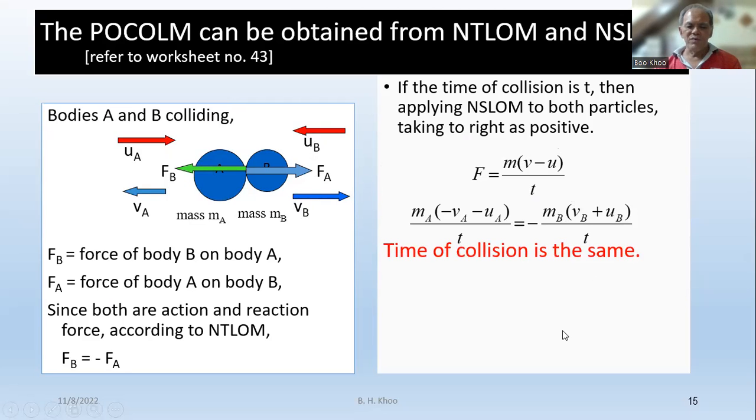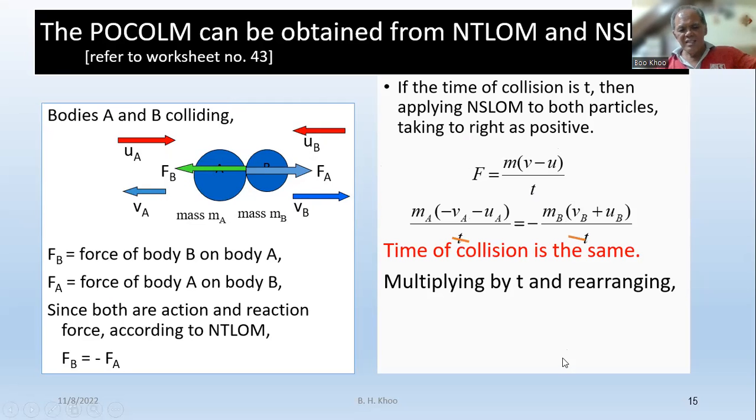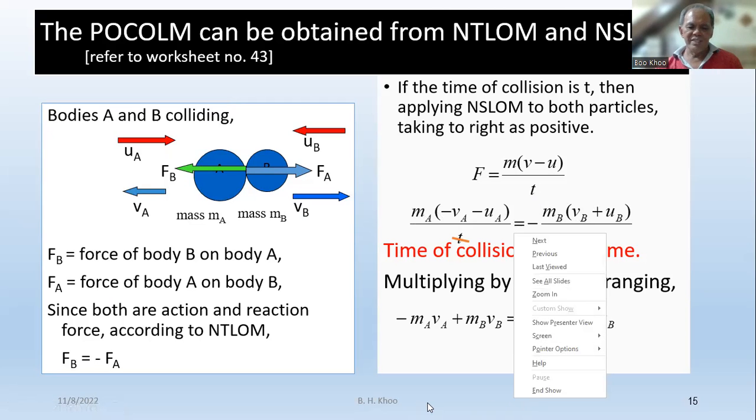T is the time of collision, which is the same, so we can multiply by T to get rid of T. Then take all the final terms to one side and the initial terms to the other side to get our answer. Take this across and it becomes positive. This is final, take it to the other side and it becomes negative. That's what we wrote down just previously.